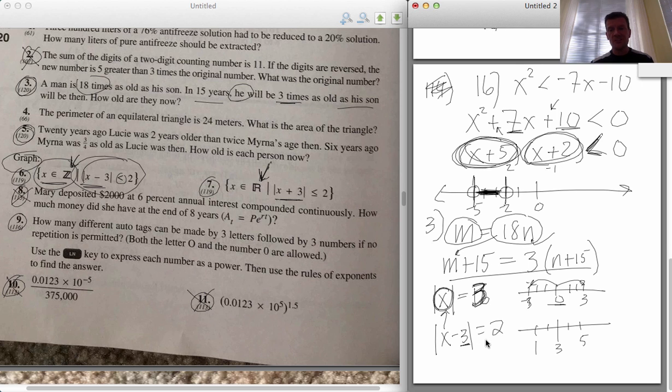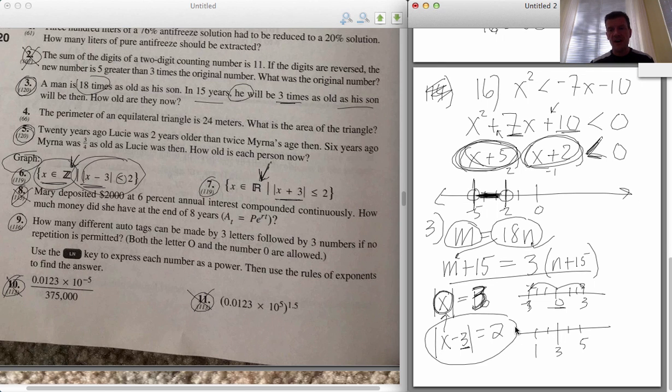Well, let's just look at this and see how we could get 5 and 1 from our solutions. If you look here, hopefully you see that 3 and 2, if you add them together, you're going to get 5. If you subtract them, you're going to get 1. Well, how do we get that? We know when you have absolute value up here again, your answers were positive and negative. In other words, x was positive 3, but it also was negative 3.